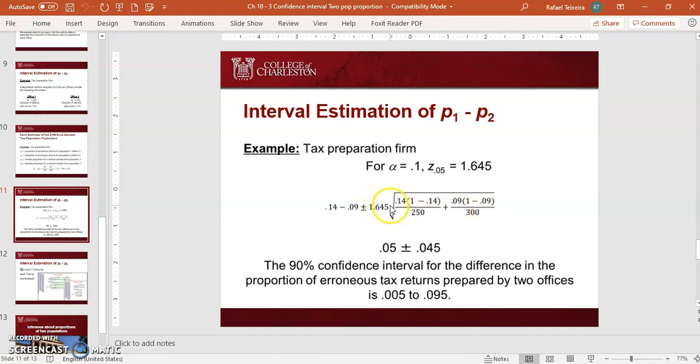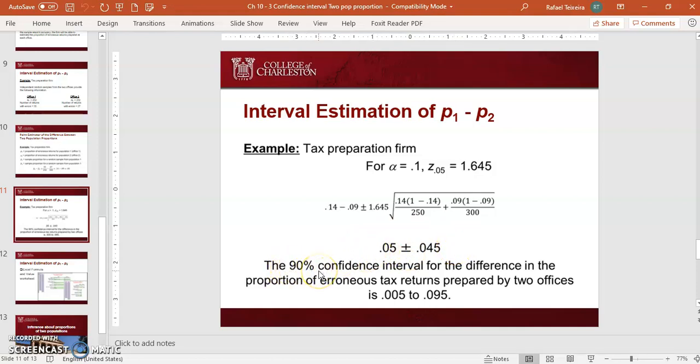And we explained this in more detail in previous videos too. So if I do this math multiplied by the z-score, I get 0.045, and if I add and subtract to the difference in the sample proportions, I have the lower and upper limits of the confidence interval.